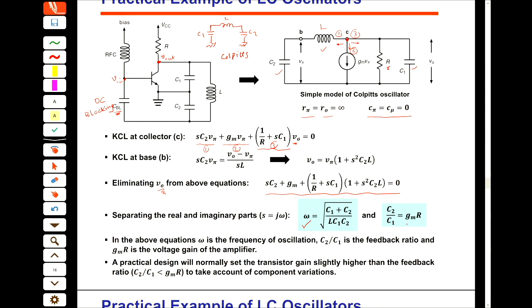And this is what I told you, that the gain of the transistor is gmR. So the gain of your feedback network is C2 over C1, which is 1 over gmR.